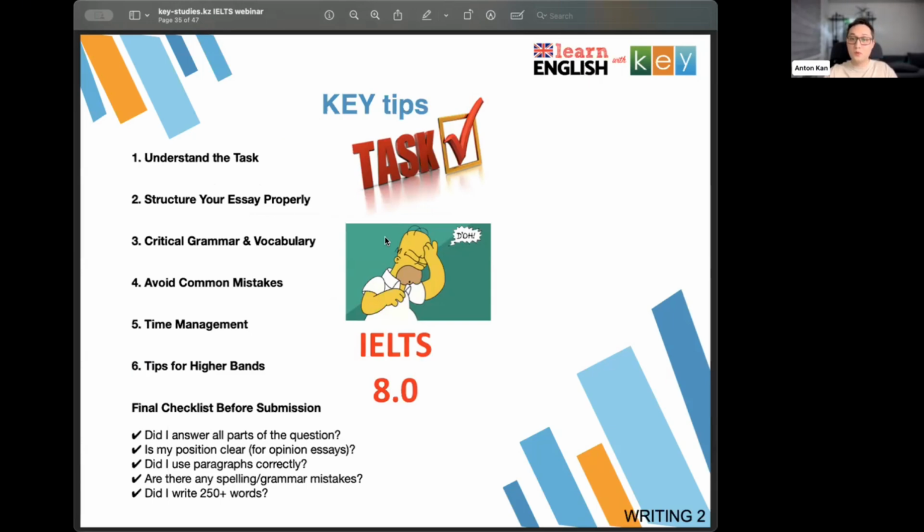You need to also structure your essay properly. Here you also can use a four paragraph structure, and it fits most essays.